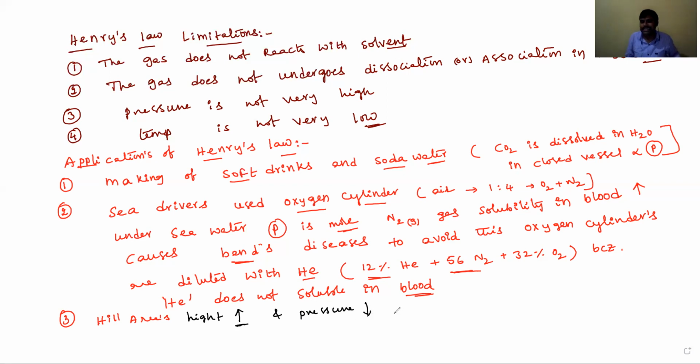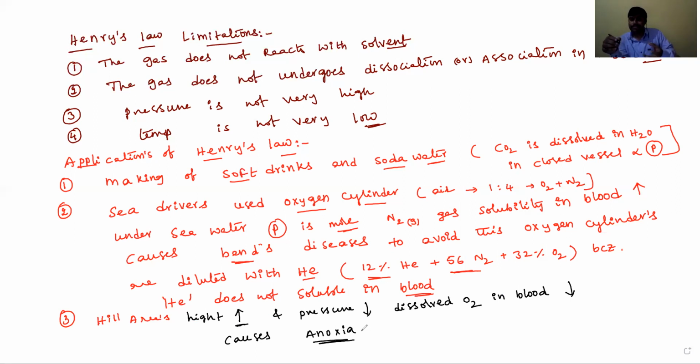If the pressure decreases, the dissolved oxygen, or dissolved O2, in blood decreases, which causes the disease anoxia.